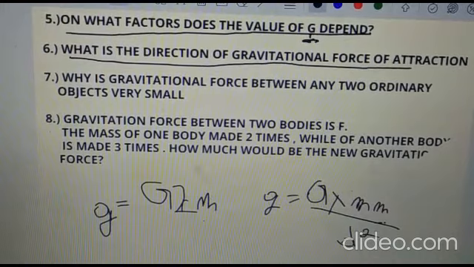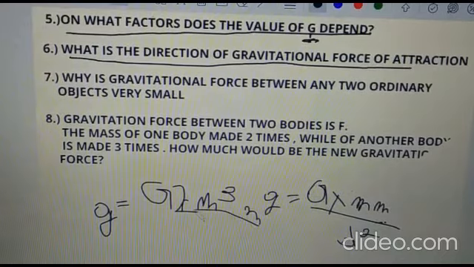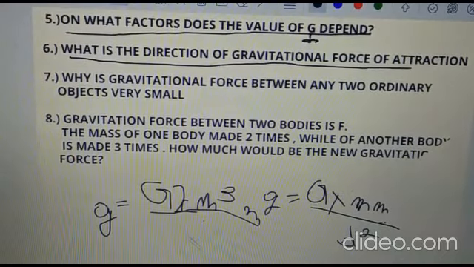Another body is made 3 times, so we write it as 3m, divided by d square. No other change has been made, we just double the mass of the first object and triple the mass of the second object.